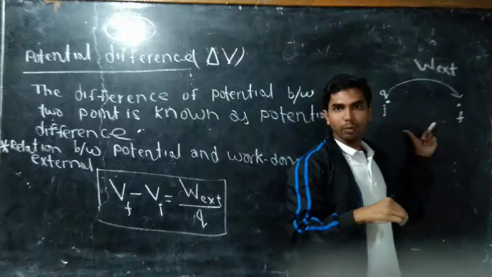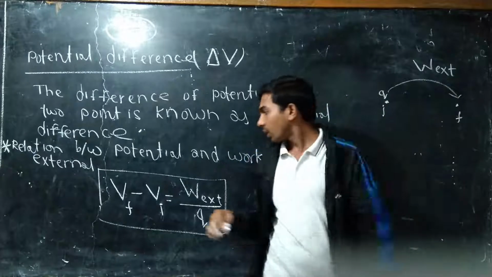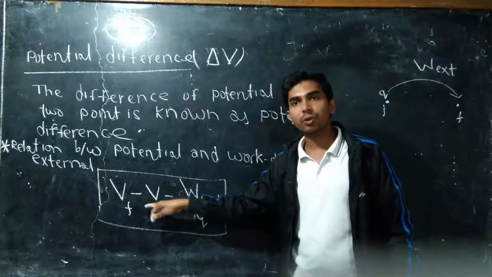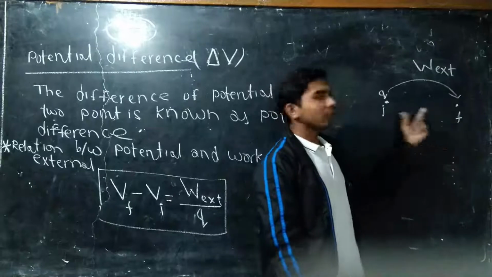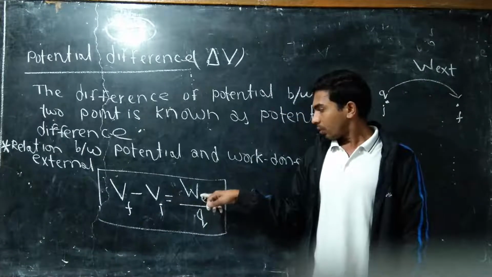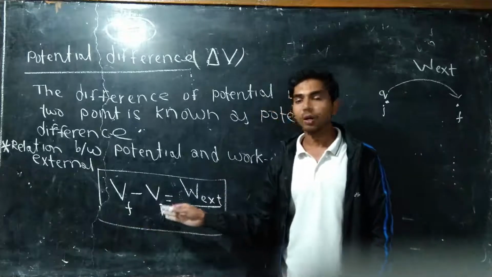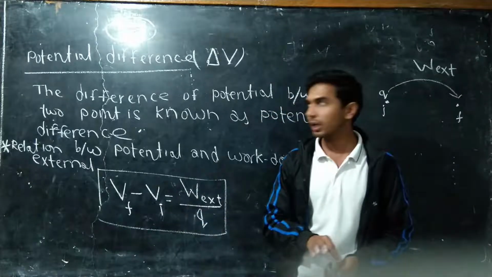So if work done is known and charge is known, then you are able to calculate the difference of potential between these 2 points. So V final minus V initial is W external by Q. V final is the final potential and V initial is the initial potential, right?